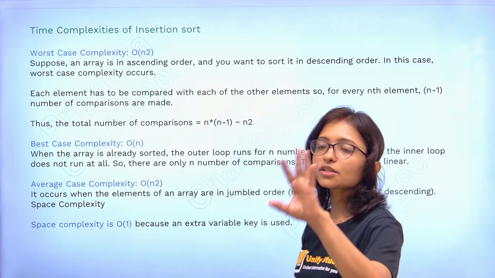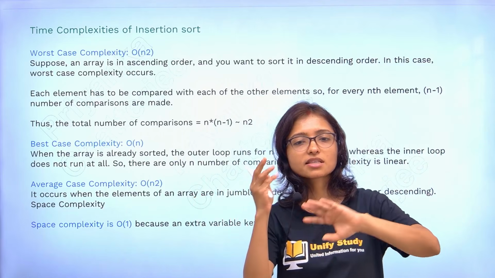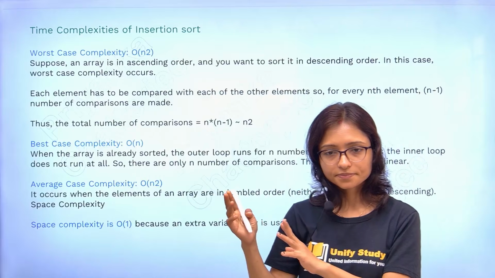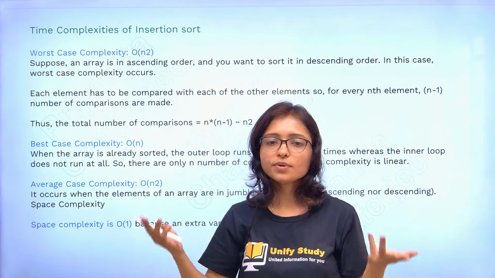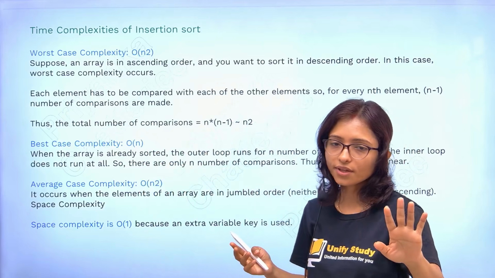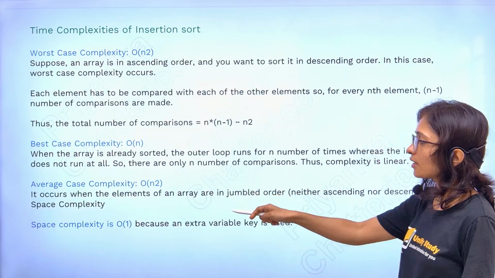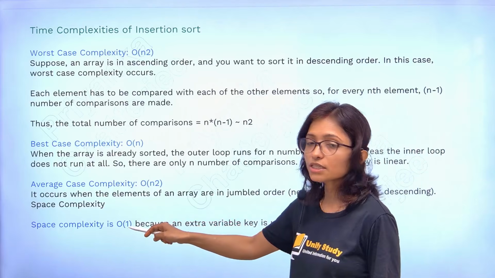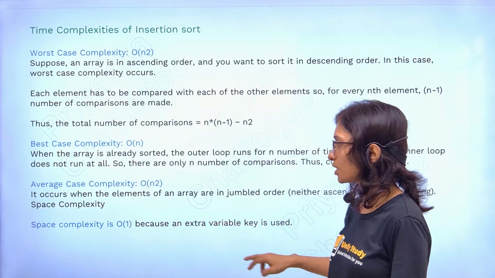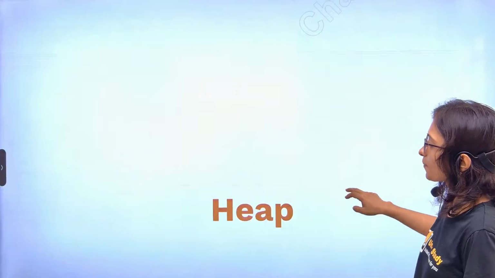Because we make sorted and unsorted parts by changing i and j, but in the same array only. We did not take any other array, and that's why it is an in-place algorithm, and space complexity is order of 1. There is no change in space complexity.